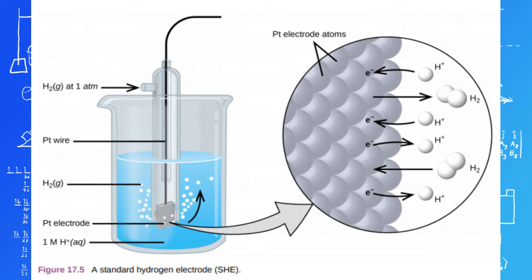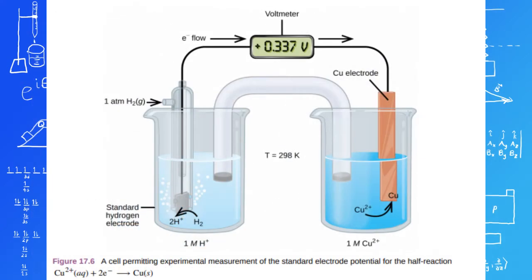So here's an example of that. If you connect the standard hydrogen electrode on one side to a copper electrode on the other side, you get a voltage difference between them of positive 0.337 or positive 0.34, as we got from our data table earlier.